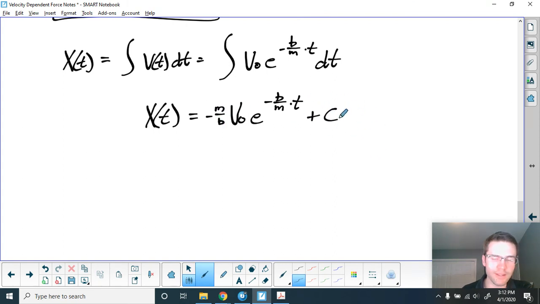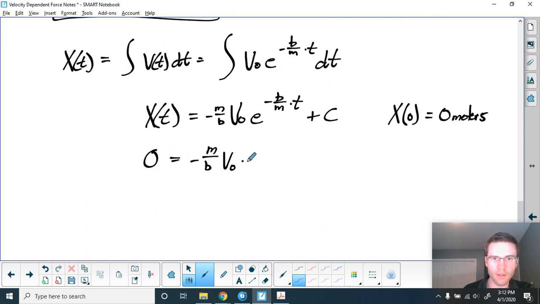We should evaluate what our constant c is here again. And what do we know? At x equals 0, we usually define it as 0 meters. So let's use that. x equals 0, 0 meters equals negative m over b v0 e to the negative b over m times t plus c, and our t is 0. So if you plug in 0 here, e to the 0 power, this part of it goes to 1, and 1 times negative m over b times v0 is just negative m over b v0 plus c equals 0.